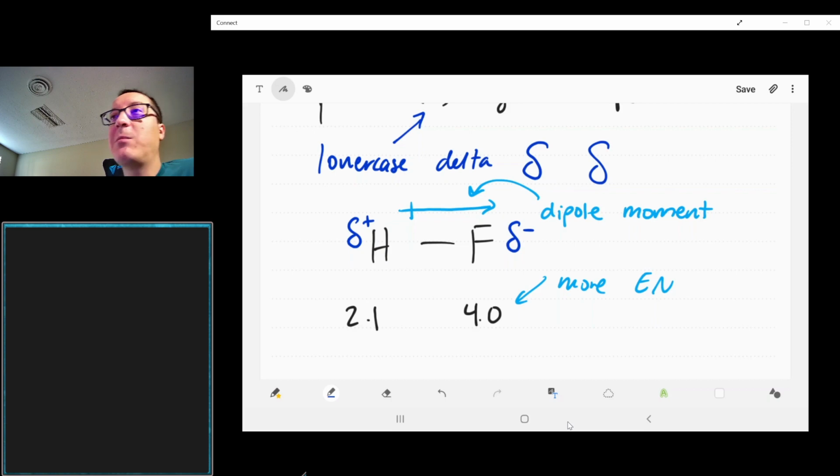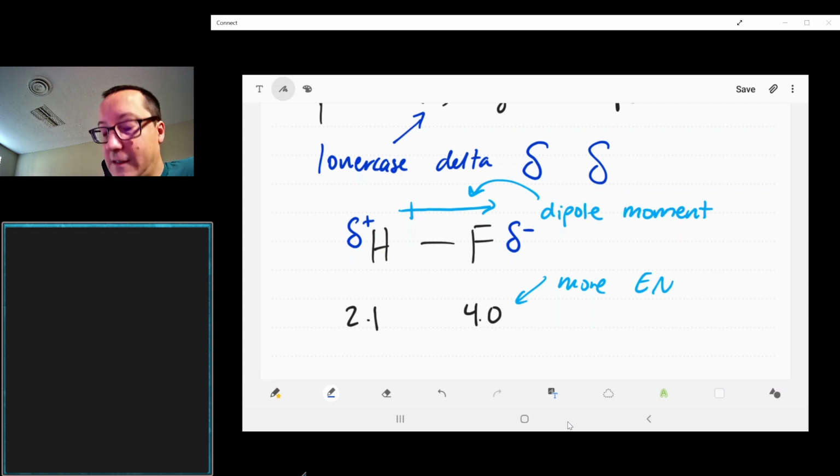So the electrons are going to be moving more towards fluorine, which is going to give fluorine a little bit of negative charge overall, not a full one, a partial one. And hydrogen will get a partial positive charge. Again, not a full charge, but a partial one, so less than a normal charge.